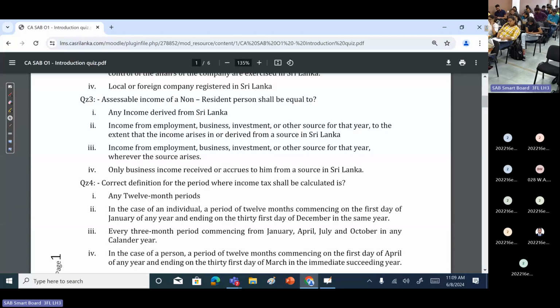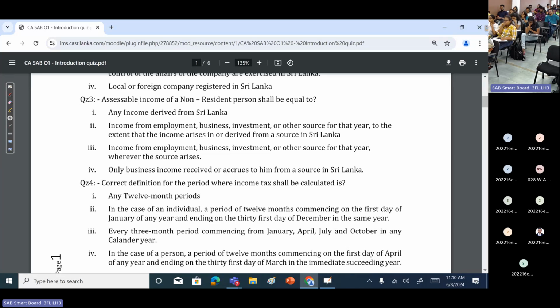So next one is: assessable income of a non-resident person shall be equal to any income derived from Sri Lanka. Income from employment, business, investment, or other source for that year, to the extent that the income arises in or is derived from a source in Sri Lanka. Income from employment, business, investment, or other source for that year, wherever the source arises.